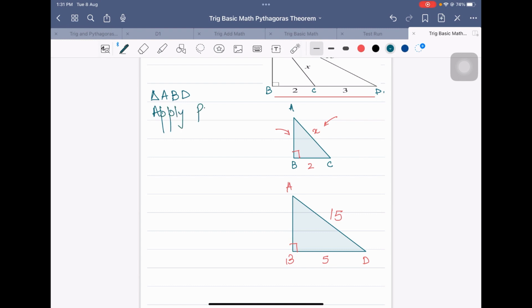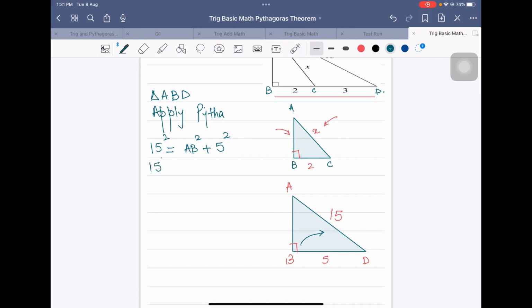When I apply the Pythagorean theorem, I'll see that the longest side is 15. So 15 squared is equal to AB squared plus 5 squared.